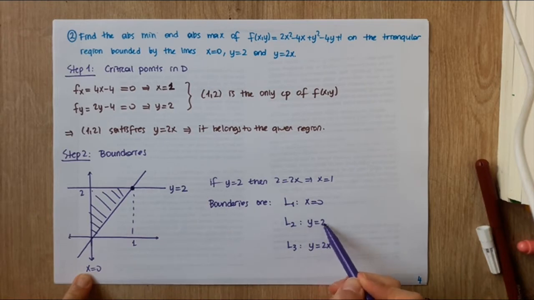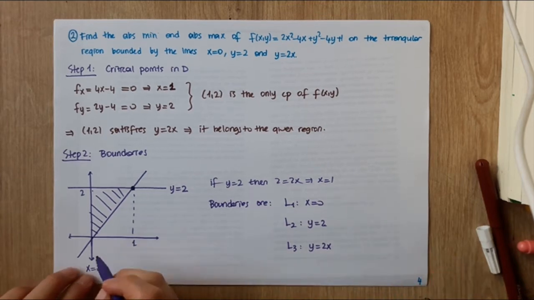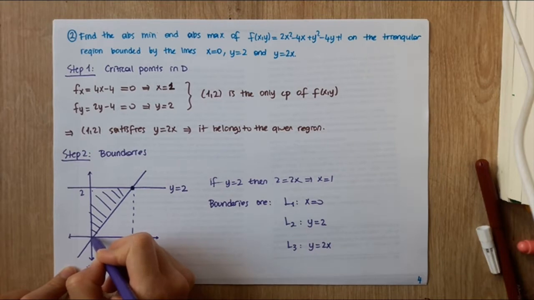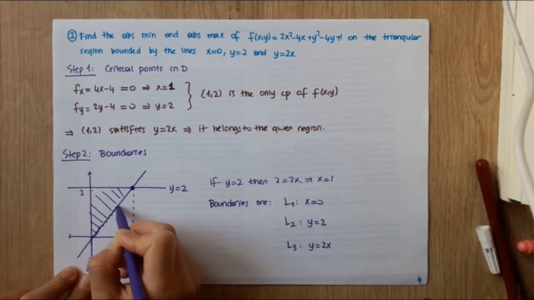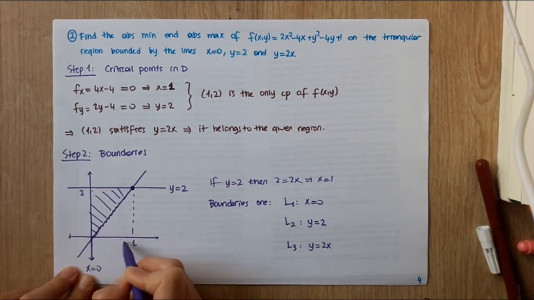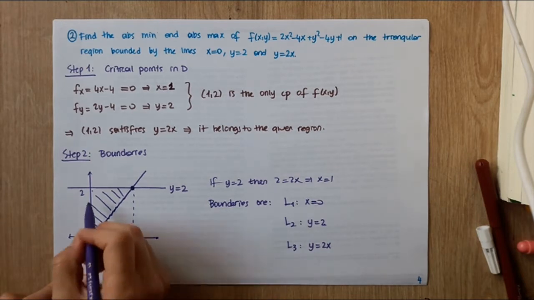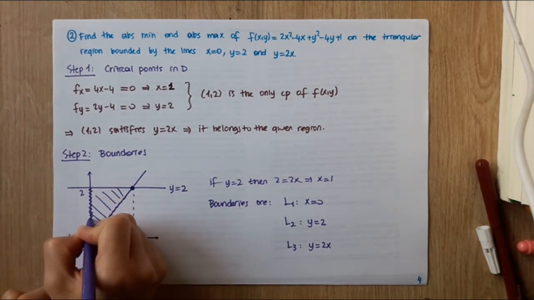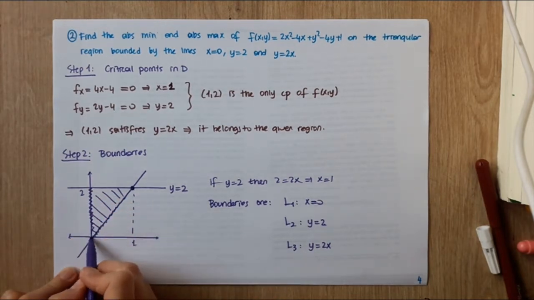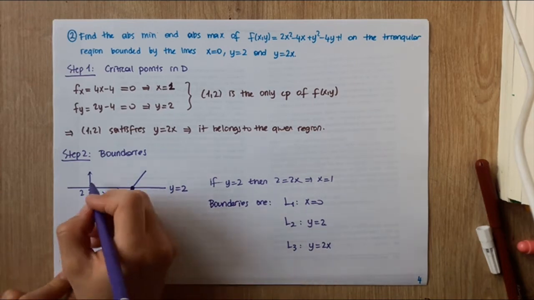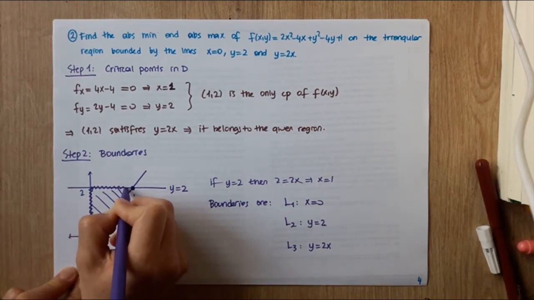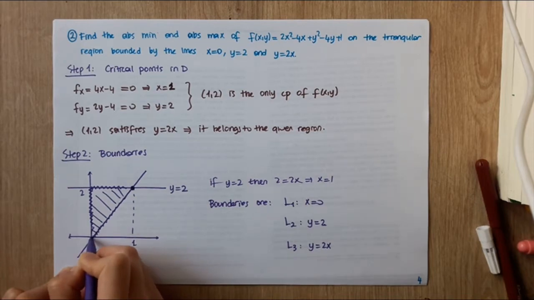When y is 2, we have x between 0 and 1. When y is 2x, again we have x between 0 and 1. Just look at this part. On the y is 2x boundary, x changes between 0 and 1. When x is 0, the boundary is here, right? And on this boundary, y changes between 0 and 2. When y is 2, we are on this line, so on this boundary, x changes between 0 and 1.